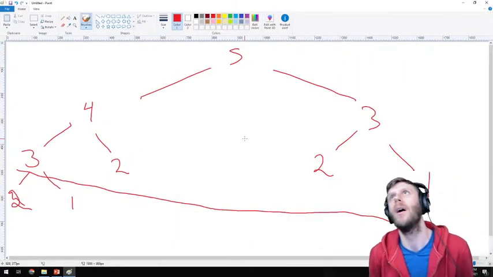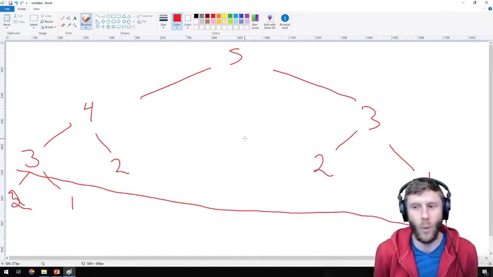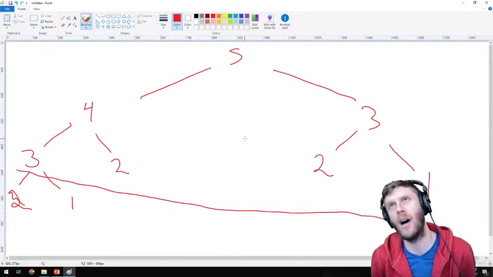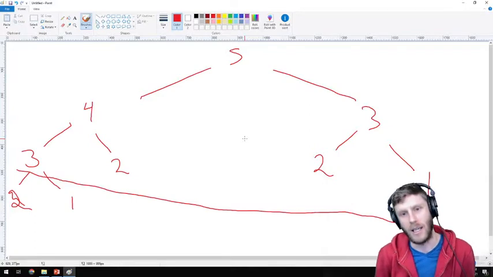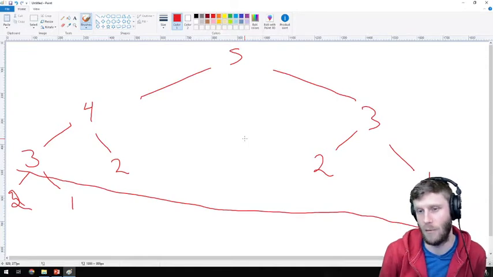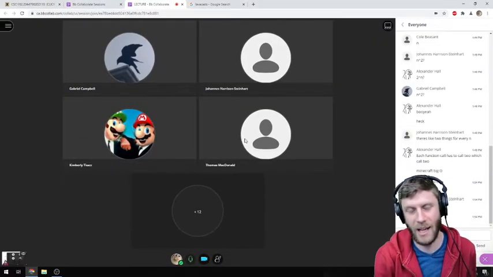Now, let me ask you, super important quiz. What's worse? To have an algorithm that grows linearly or an algorithm that grows exponentially? Exponential sucks.